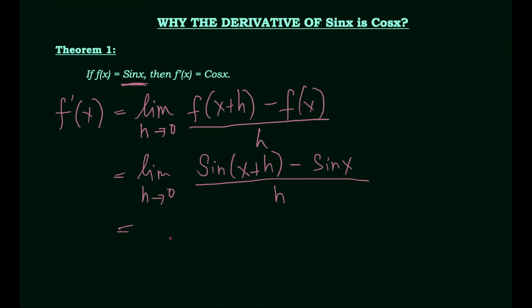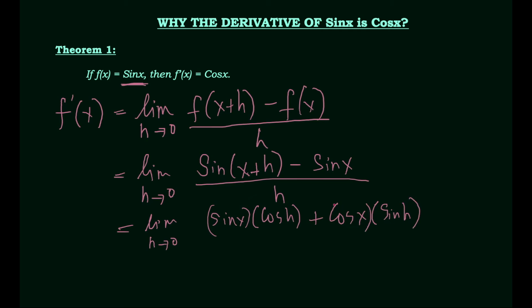So if we expand that, this will be equal to the limit as h approaches 0 of sine of x times cosine of h plus cosine of x times sine of h.